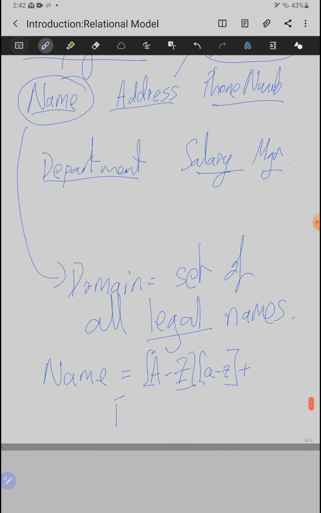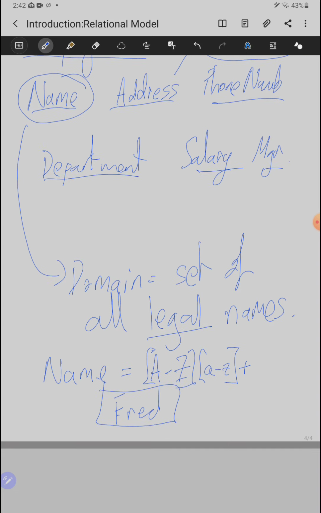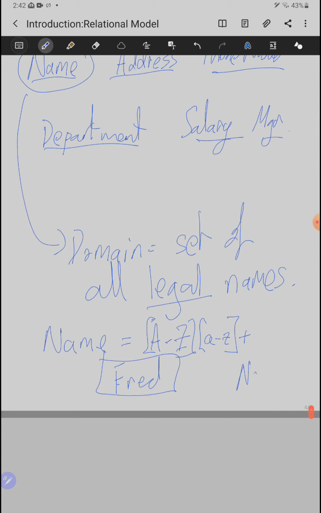So, Fred satisfies that definition, okay? Capital F and then R-E-D, okay? And ing satisfies that definition, okay? This would mean you couldn't have an employee whose name is J621, okay?